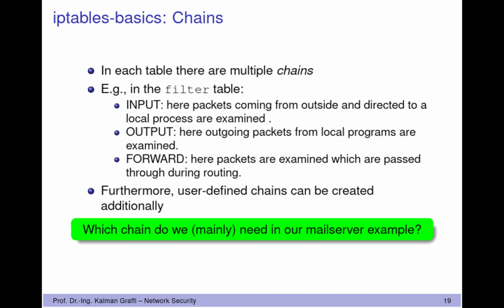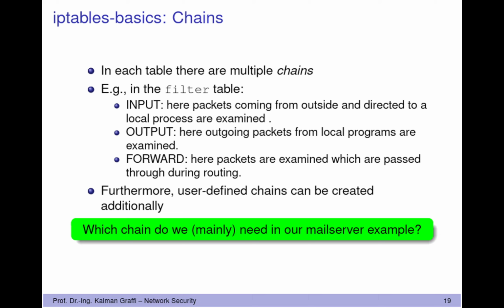So it uses chains. A chain is quite simple to consider. You specify some criteria, and if they match, then you have a corresponding reaction defined. So, for example, what kind of chains do we have here? There are some chains. These are some subcategories in the table.